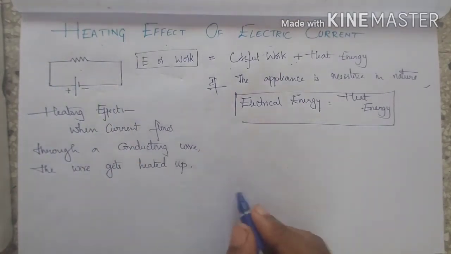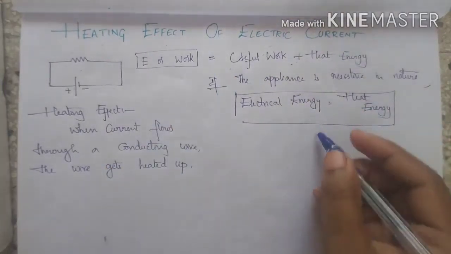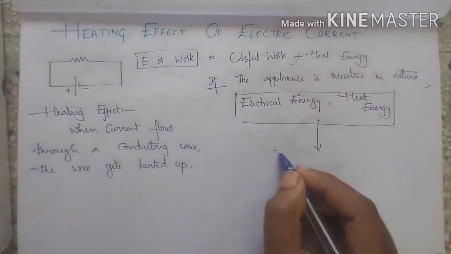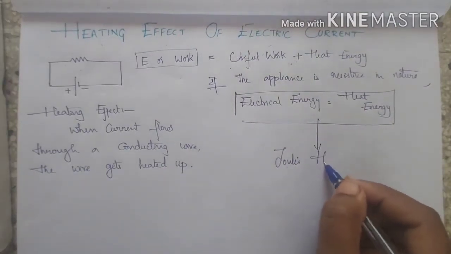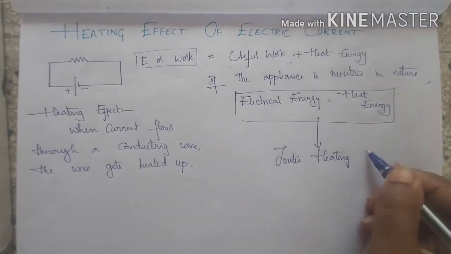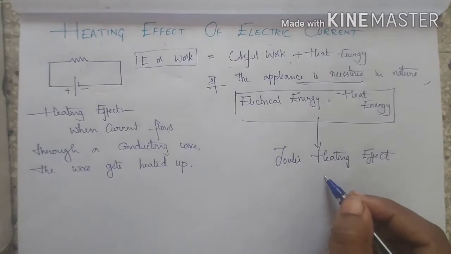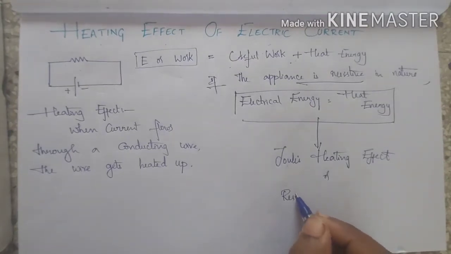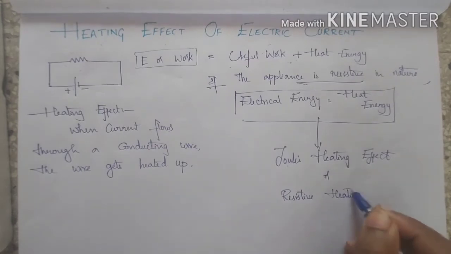So this is the concept of the heating effect of electric current, and this is called Joule's heating effect. Since the appliance is highly resistive, we can also call this the resistive heating effect.